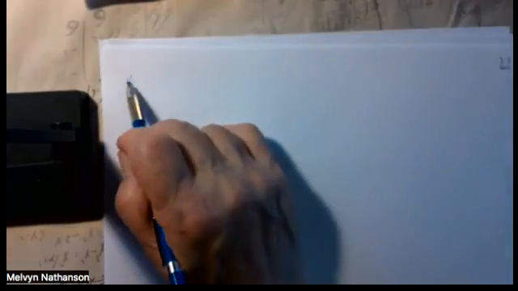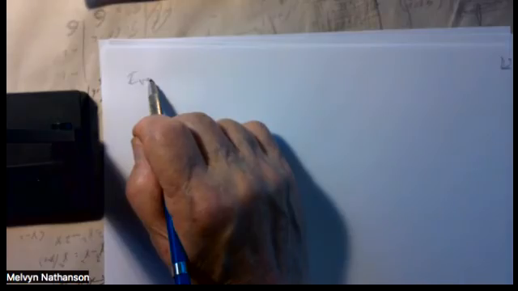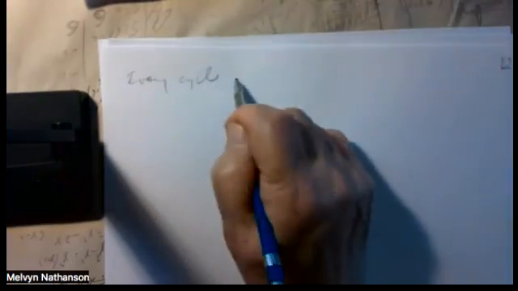And we know that every permutation is a product of disjoint cycles, but it's also true that every cycle is a product of transpositions.